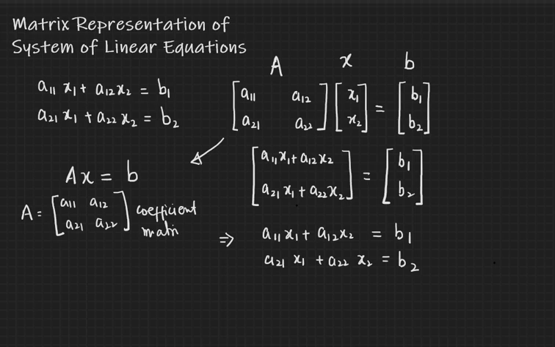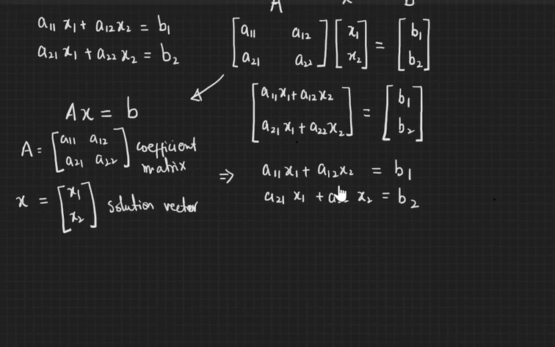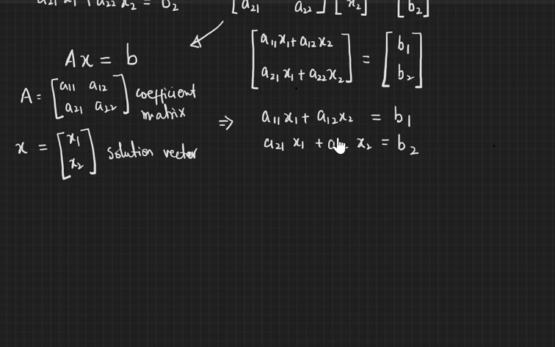This X is the column matrix x1, x2, and it is called the solution vector or solution matrix, and the matrix B is equal to B1, B2. This is called the constant vector.